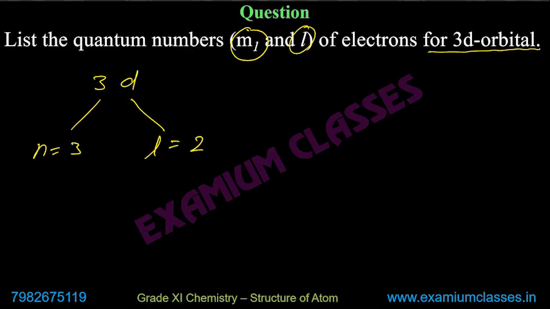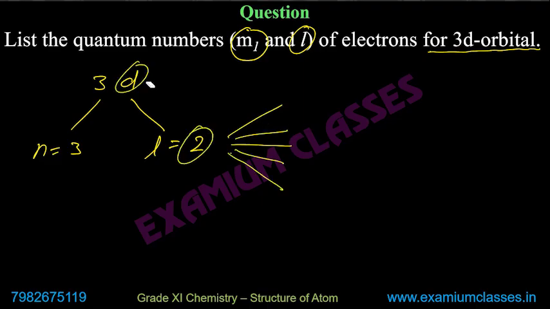So l is 2, because D means 2, and ml will be -2, -1, 0, +1, +2.